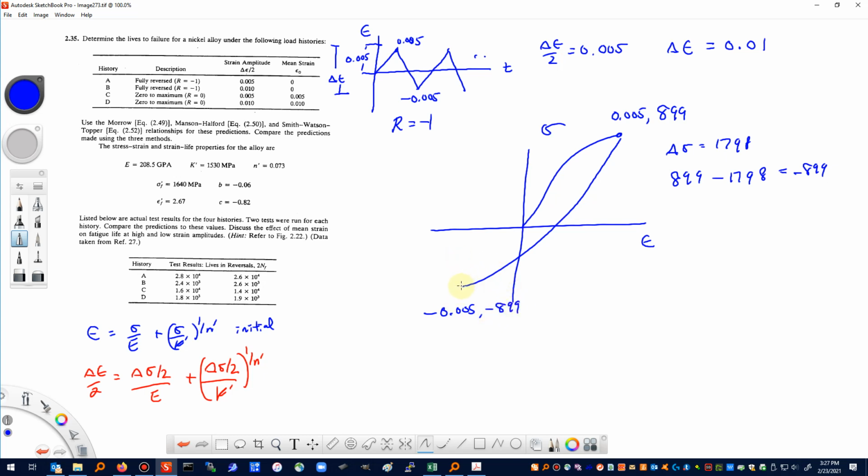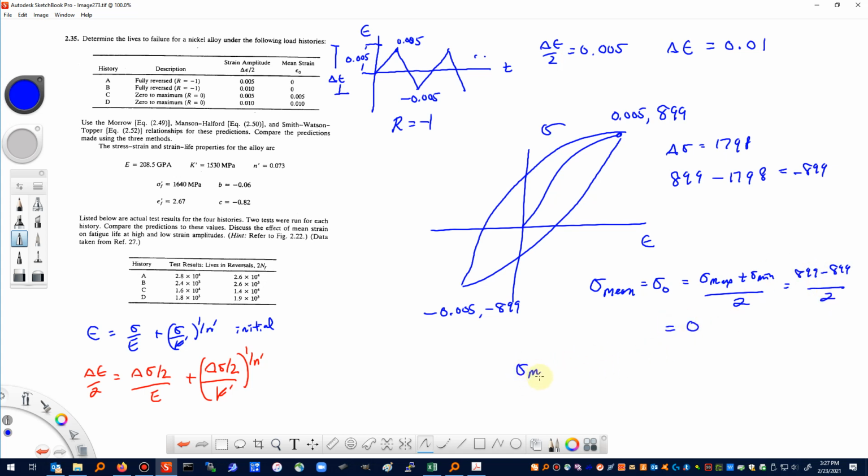If we were to go on the upslope, it would do the exact same thing, and this should be symmetric. We end up with a mean stress of 0. How do we calculate our mean stress? We take the maximum plus the minimum divided by 2. In our case, it's 899 minus 899 over 2. Our mean stress is 0.